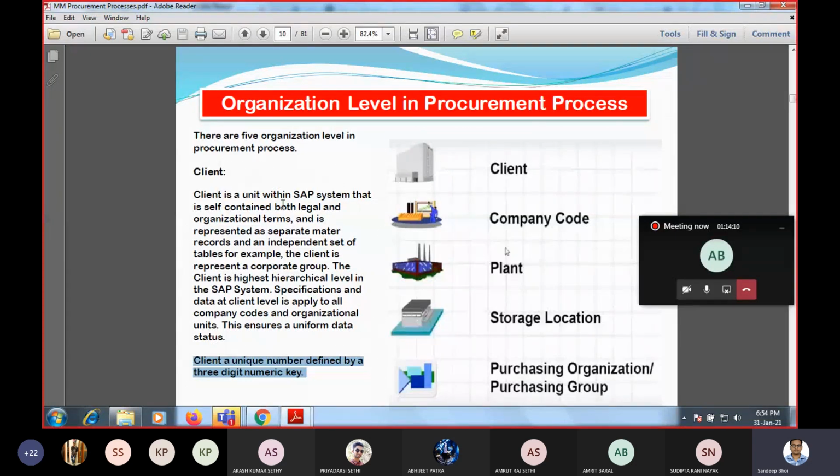A client is a unit within a SAP system that itself contains both legal and organizational terms. You need to remember here: a client is a unique number defined by a 3-digit numeric key, like 200, 300, 400, 250, 350. This number will be assigned to a particular client.